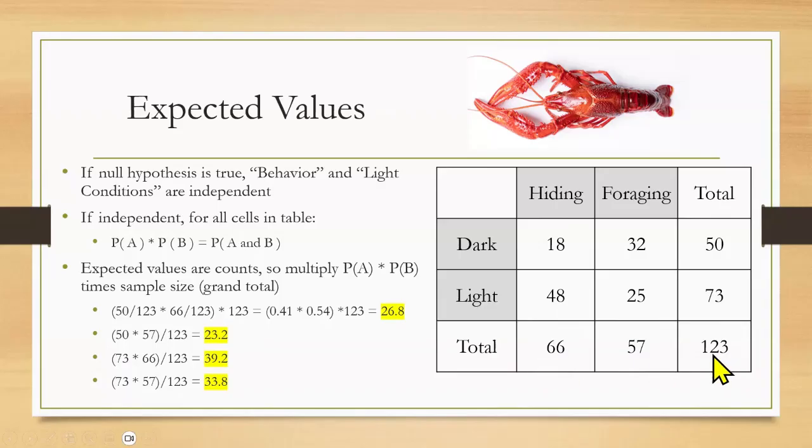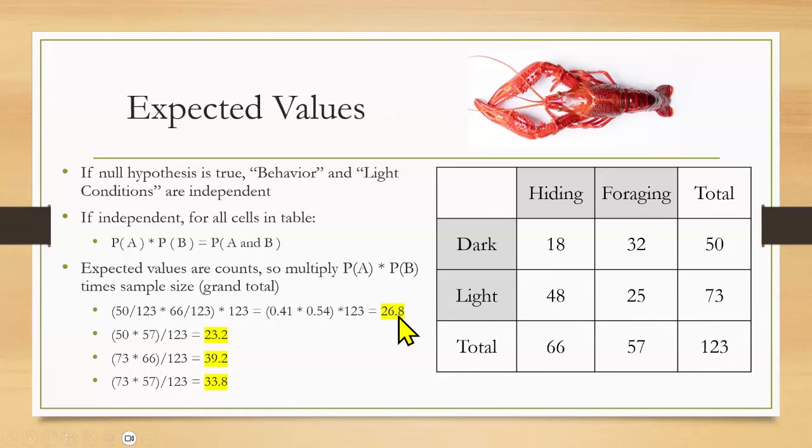Now, I would just do these as fractions or as decimals, but I want to show you something. We're going to take that probability and multiply it times 123, the total sample size, to turn those probabilities into counts, numbers of individuals. I've calculated these values already on previous slides. We've got 0.41 times 0.54 times 123.